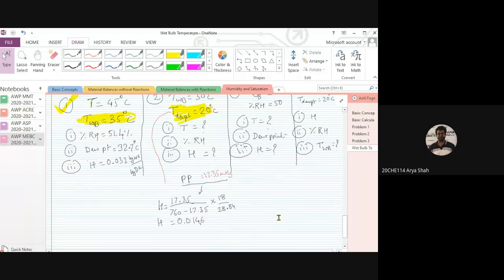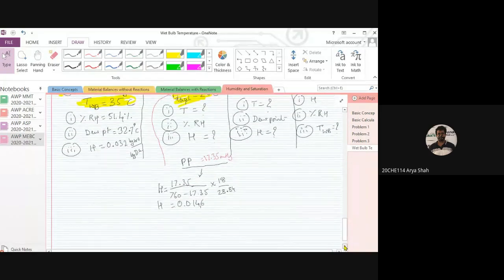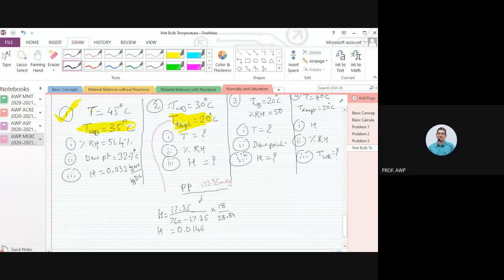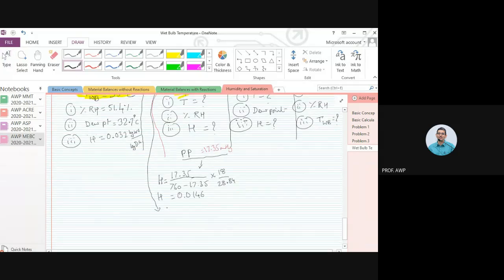Then we calculate humidity near the vicinity of the wet bulb, based on the wet bulb temperature. Corresponding to this wet bulb temperature, you calculated the vapor pressure at 30 degrees centigrade. How much was that? That is 31.65 mmHg.